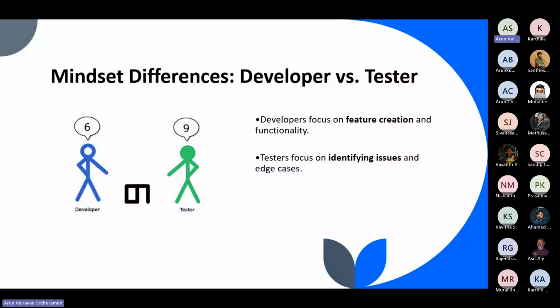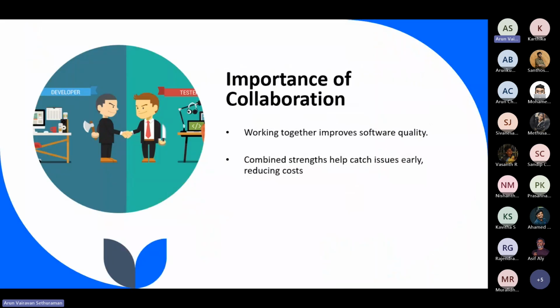Mostly the developers work on the feature and enhancing the functionality, but they forget to improve the product. In that case, a testing team gets involved and they can pinpoint all the issues, explain the functionality, and then improve the product. So there are different mindsets between the developer and the tester, and to resolve this we need good collaboration between both team members.